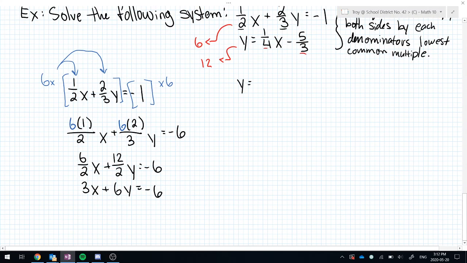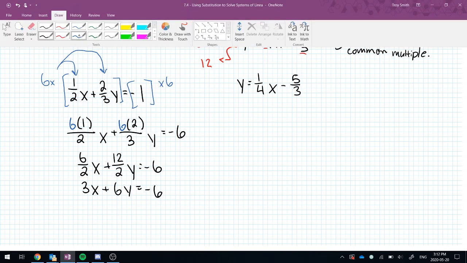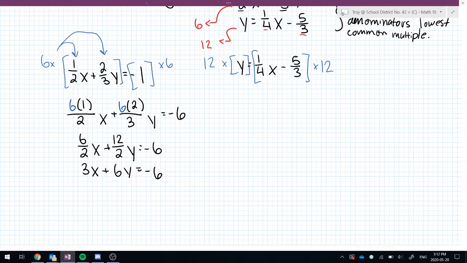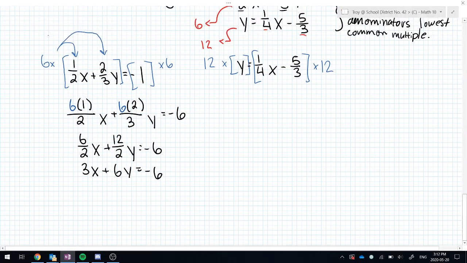This one was y equals 1/4 x minus 5/3. And we said 12 was the lowest common multiple. So times 12 and times 12. Okay, well, 12 times y is just 12y.